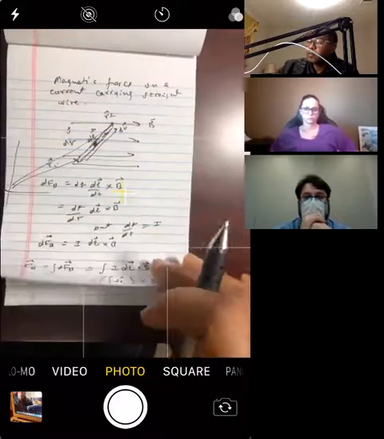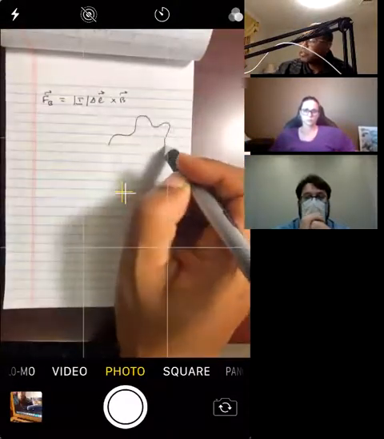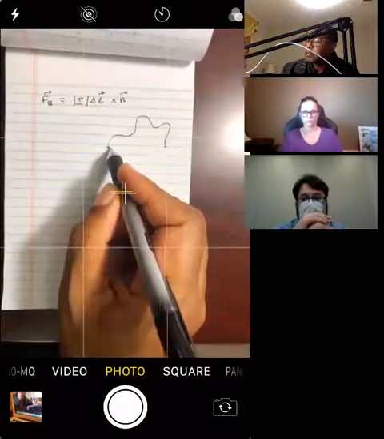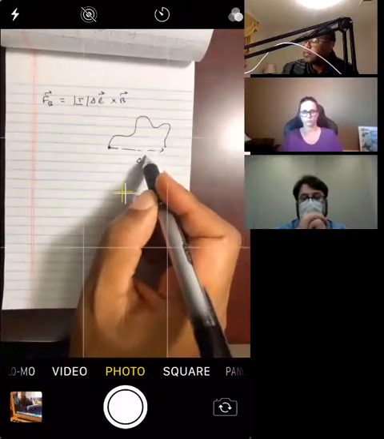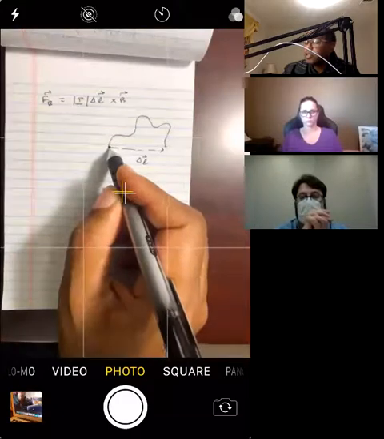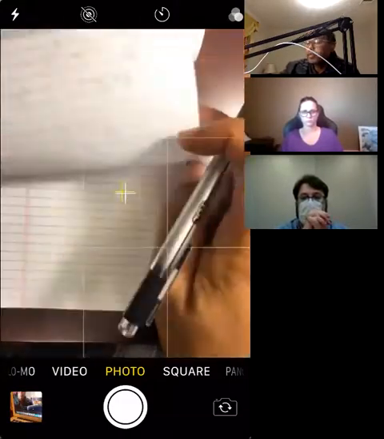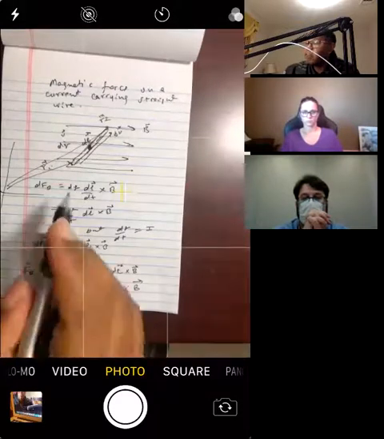Now, it's very important: it doesn't matter what the shape of the wire is. The integral of dl is simply this line, delta L, the vector connecting the initial point and the final point. It's a displacement, because when you integrate from Ri to Rf, what you get is Rf minus Ri.